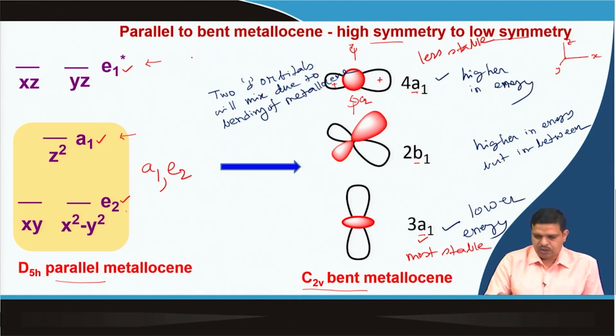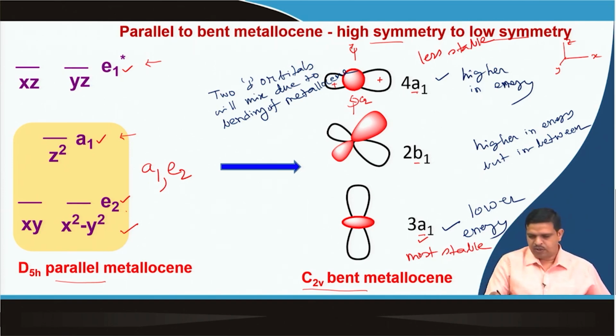So, what are 4A1 and 2B1? They come from the dx square minus y square and dxy orbitals. 2B1 is actually xy and 4A1 is actually dx square minus y square.